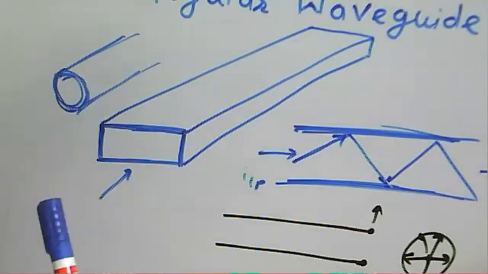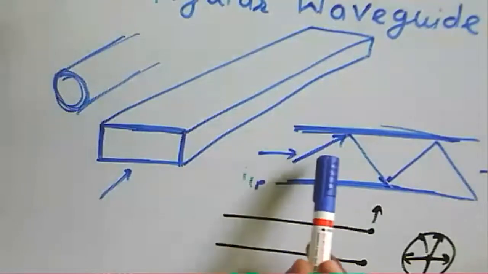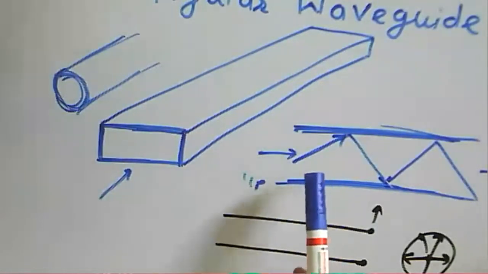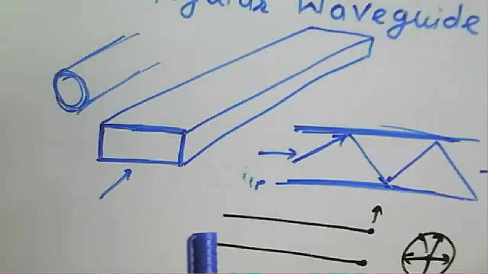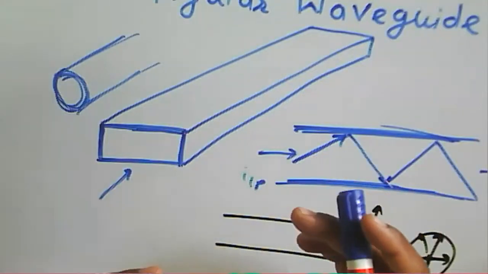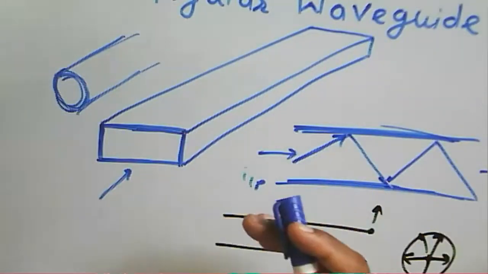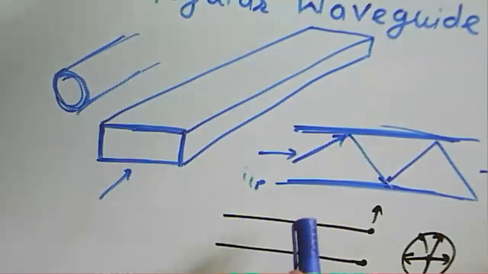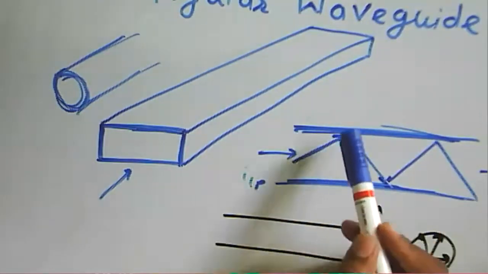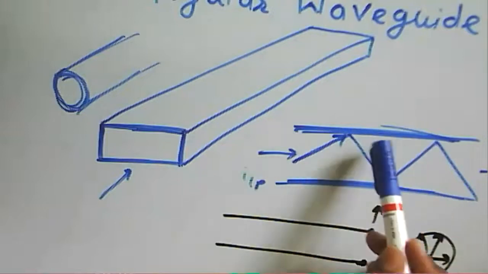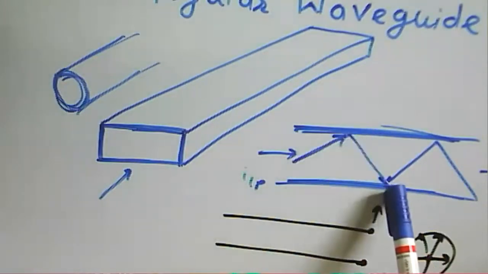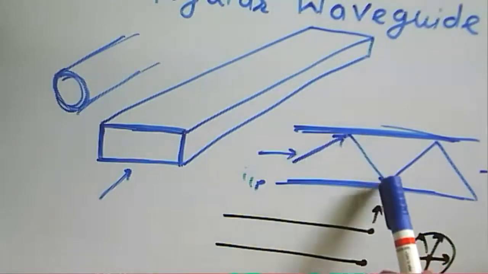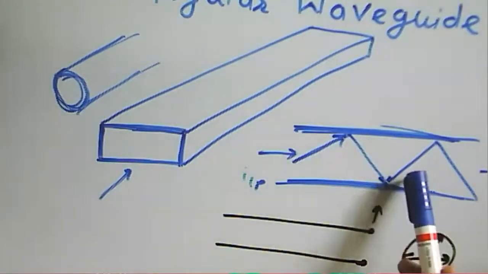Now, when we say we are propagating through the guide, the plane waves propagate through the guide because of reflection. Your waves are reflected from the wall. Internally, when a wave reaches the wall, it is reflected, and when it reaches the other wall, it is reflected again.